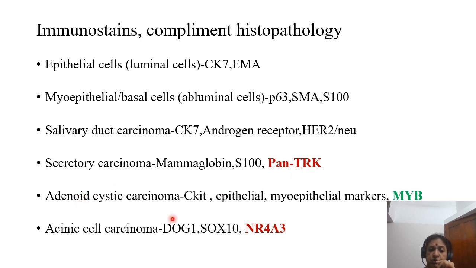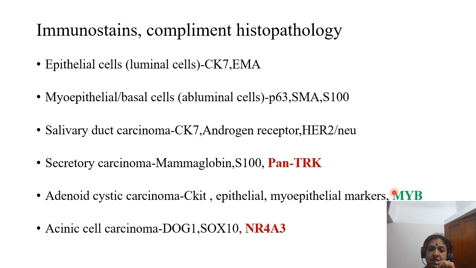For adenoid cystic carcinoma, we used to have c-KIT, which is positive in the ductal cells, which is not that specific a marker. Epithelial and myoepithelial markers, of course, highlight the biphasic nature of the carcinoma. Then we have MYB. MYB corresponds to the molecular alteration happening in adenoid cystic carcinoma due to the translocation resulting in MYB-NFIB fusion.